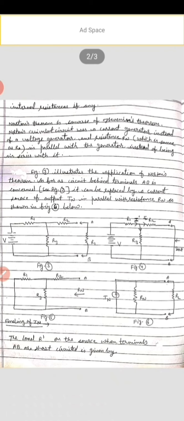Now, how can we calculate IN and Rn? The procedure is as follows. Figure 3 illustrates the application of Norton's theorem: as far as the circuit behind terminals AB is concerned, it can be replaced by a current source of output IN in parallel with resistance Rn, as shown in figure 6 below.